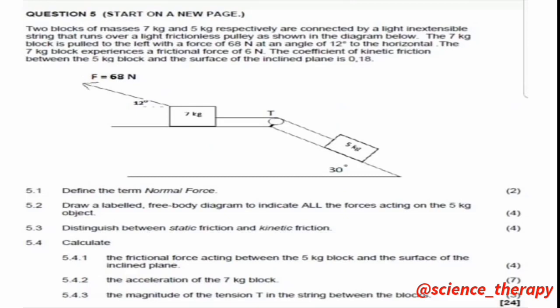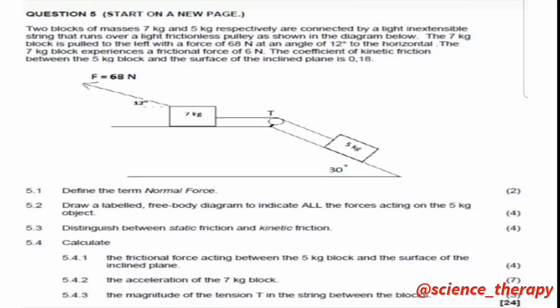Now, question 5 says 2 blocks of masses 7 kg and 5 kg respectively are connected by a light inextensible string that runs over a light frictionless pulley as shown in the diagram below. The 7 kg block is pulled to the left with a force of 68 Newton at an angle of 12 degrees to the horizontal.